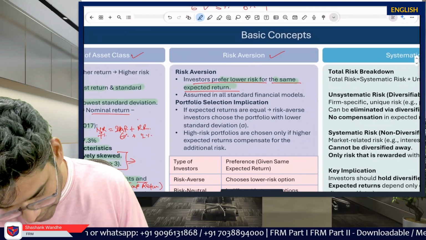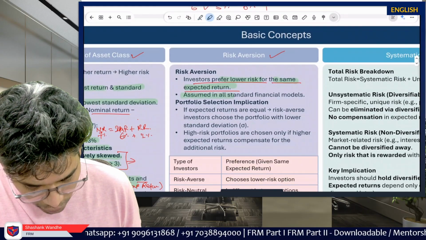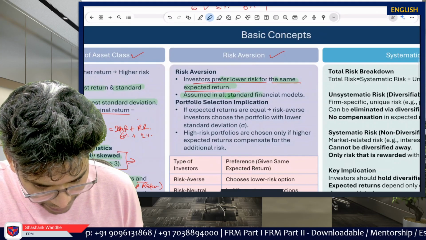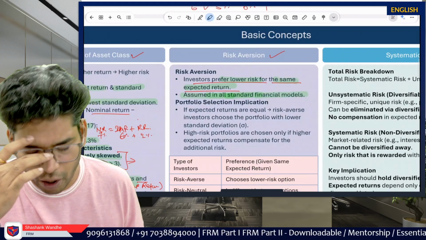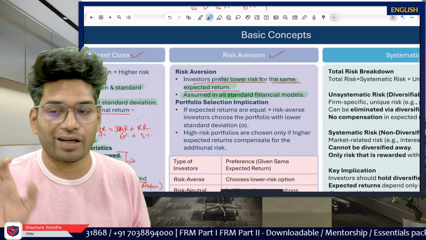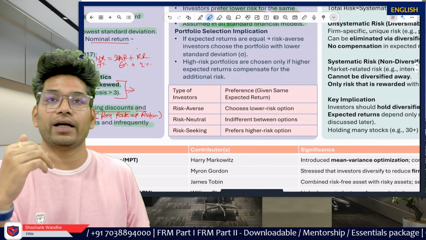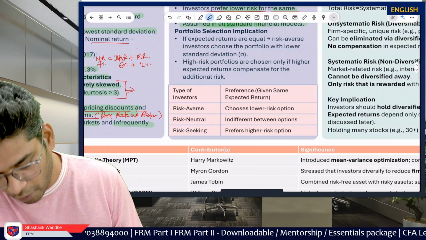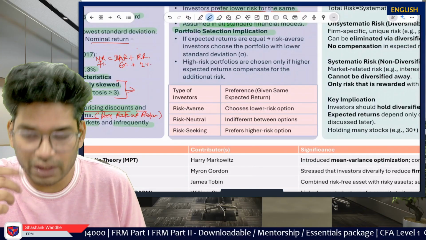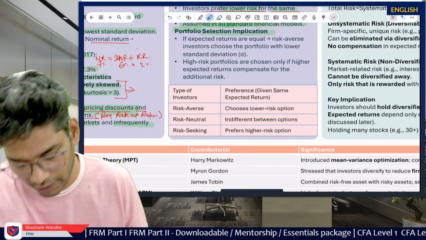Now, it is assumed in all standard financial models; in general, this is the fundamental assumption that all investors are risk averse. Portfolio selection implications: how does risk aversion impact portfolio selection?